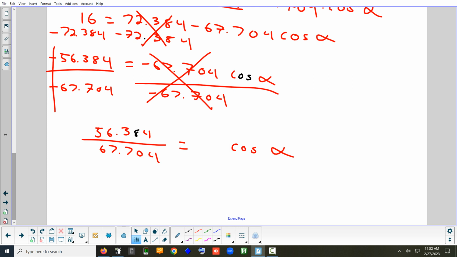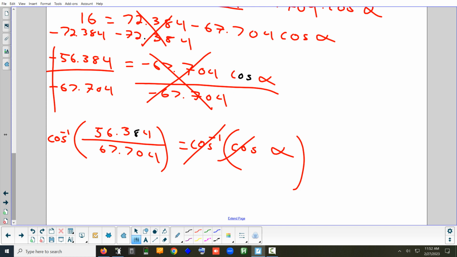And how am I going to get my angle? Inverse cosine. Yep, inverse cosine of what's on the left and on the right. And the reason you don't have to worry about a second answer is because think about the other quadrant where cosine is positive. Quadrant 1. But what other quadrant is cosine positive? Yep, 4.